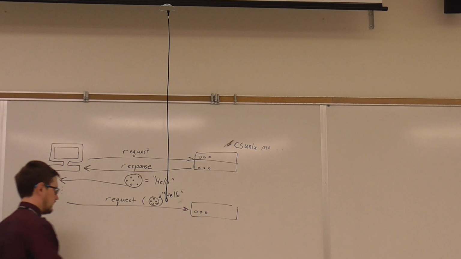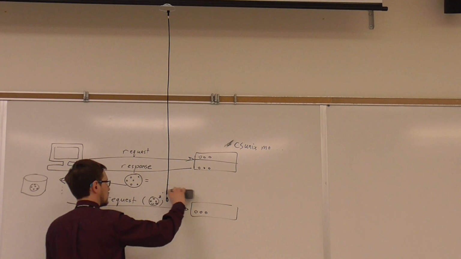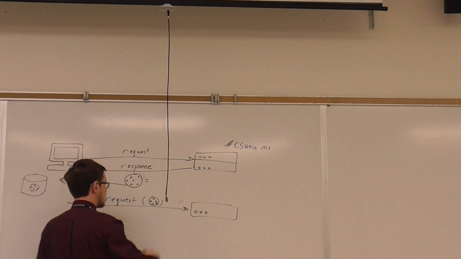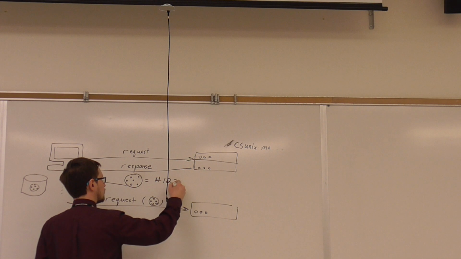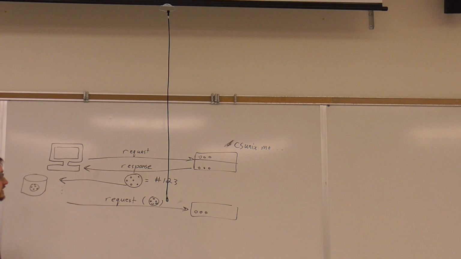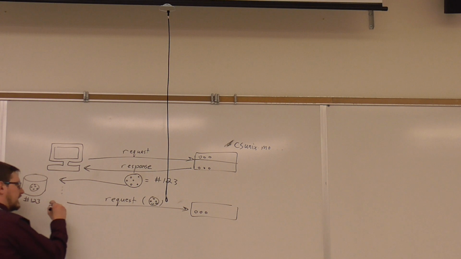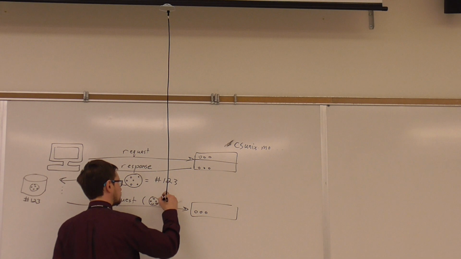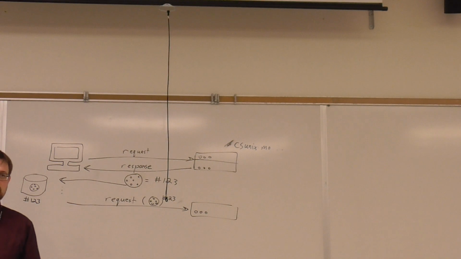So if rather than sending just some regular string, we issue an ID number, right? The client stores its own ID number and sends it back to the server, thus identifying the client, right?